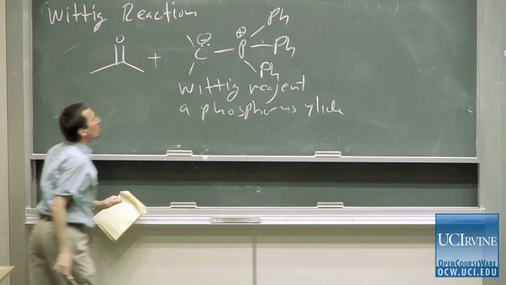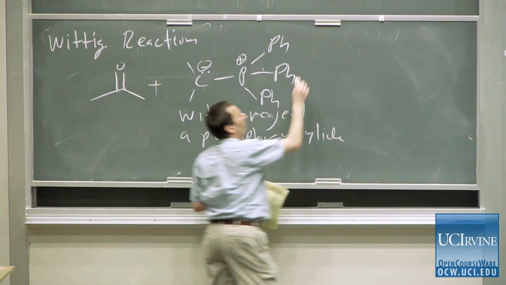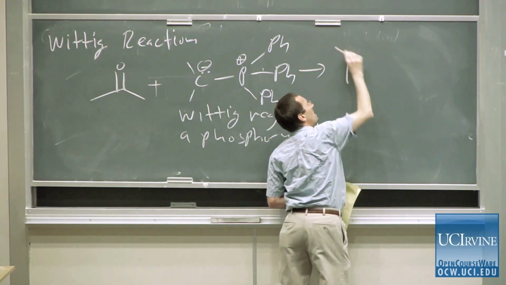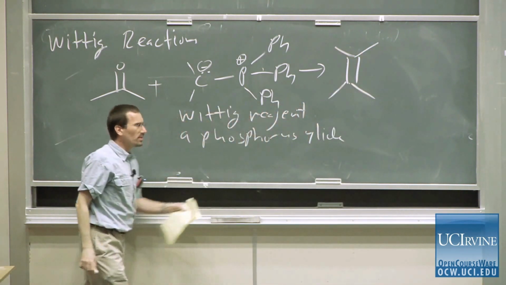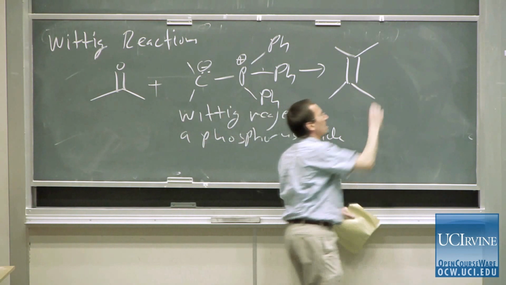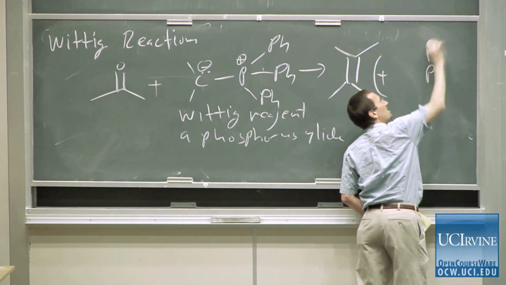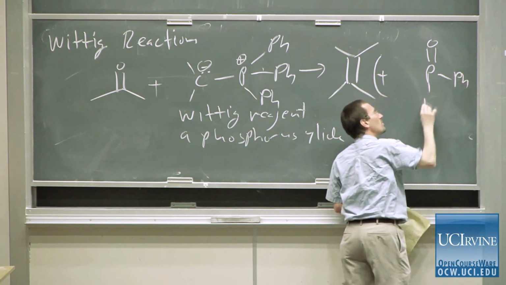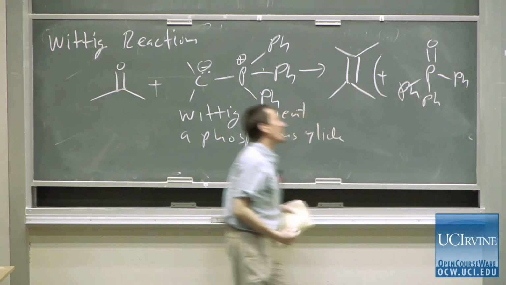And the overall reaction that occurs here, again, in very generic form, is that we now replace the oxygen to get an alkene. And as a byproduct of the reaction, remember, organic chemists hate writing byproducts of reactions, you get triphenylphosphine oxide.